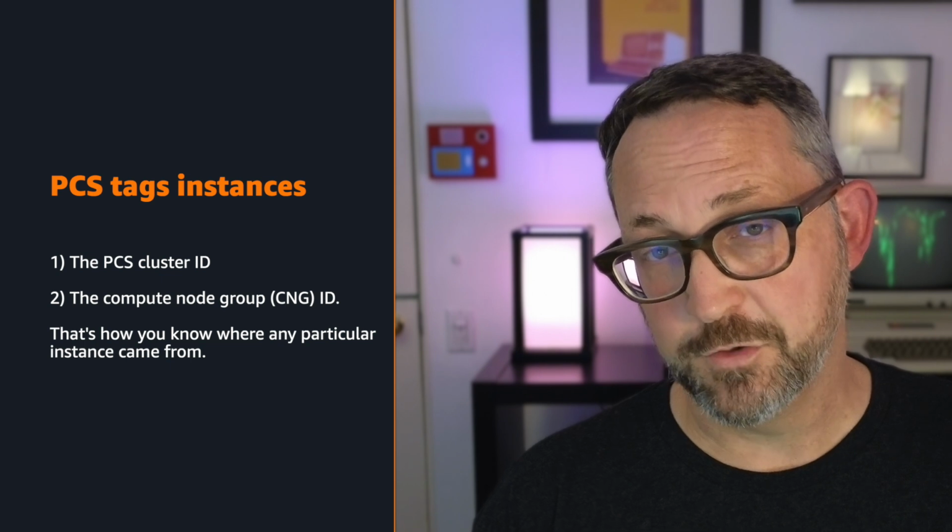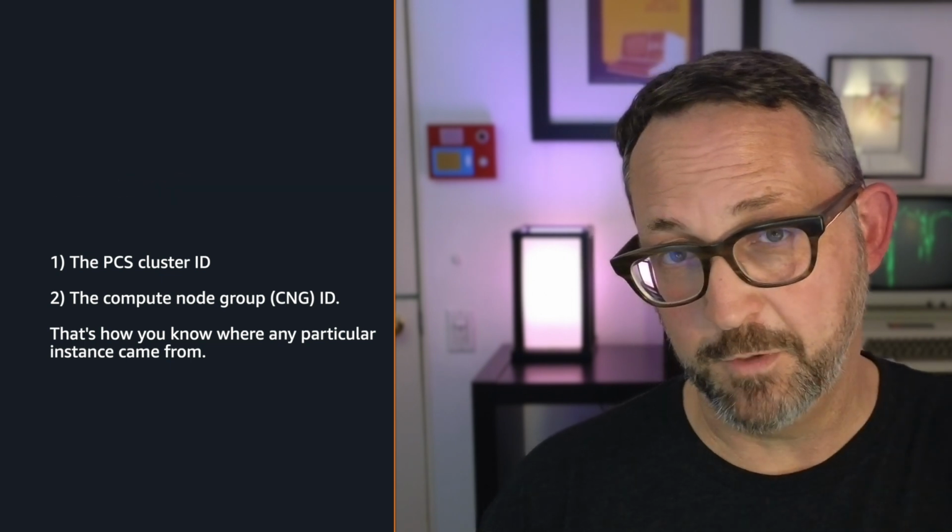And if you search for either the cluster ID or the compute node group ID, you can find the instances belonging to that cluster or that compute node group in the EC2 console. So that's what we're going to do. And when we're in there, because we've configured this instance to be accessible using AWS Systems Manager, Session Manager, we'll be able to connect to it right from the web.